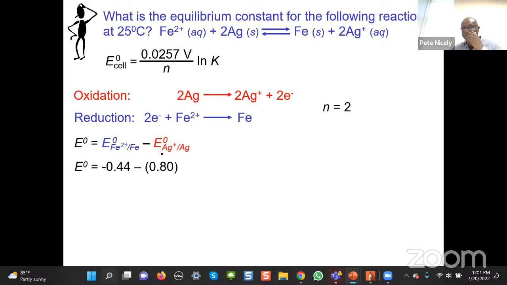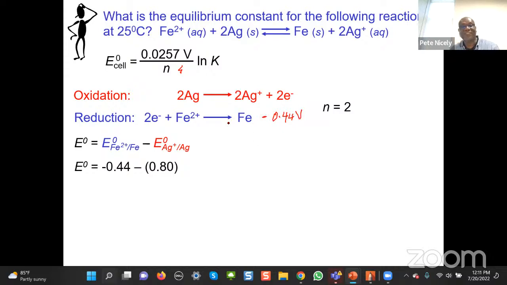Okay, so that's where we were. When I look up the Fe2+ to Fe, that gives you minus 0.44 volts.